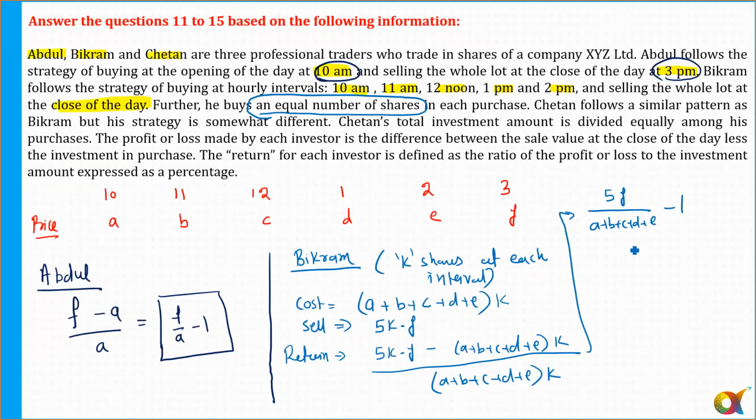Or I can say this is F upon the quantity A plus B plus C plus D plus E upon 5, minus 1, or F upon arithmetic mean. Because A plus B plus C plus D plus E upon 5 is the arithmetic mean of these 5 numbers. So F upon the arithmetic mean of all these 5 costs, minus 1. And this is the return for Vikram.